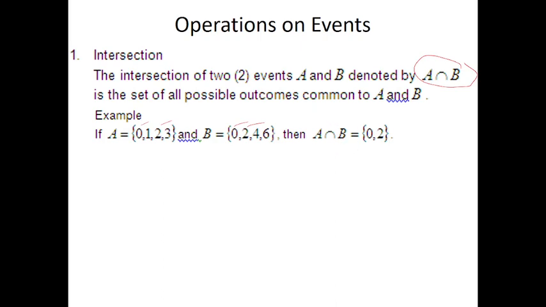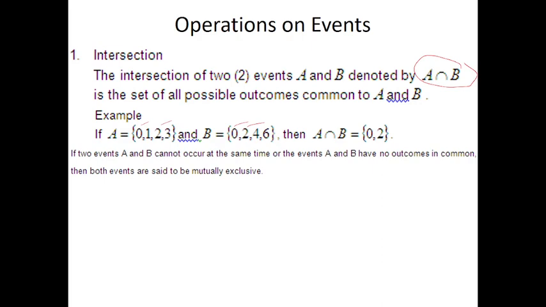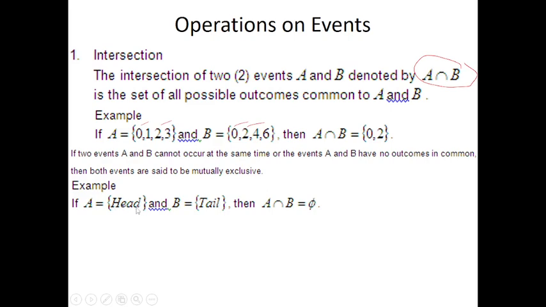So, ganun siya. So, if two events A and B cannot occur at the same time, or the events A and B have no outcomes in common, then both events are said to be mutually exclusive. So, mutually exclusive ang dalawang events if they have no common outcomes. So, ito yung example, event A having the outcome head, event B having the outcome tail.